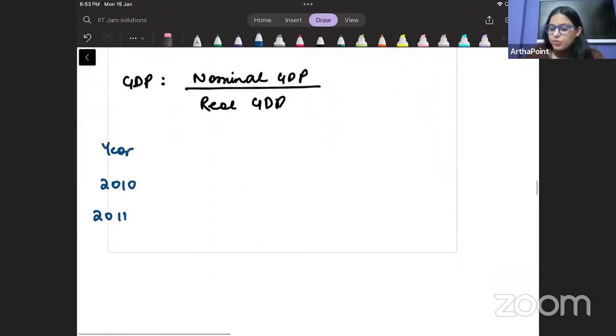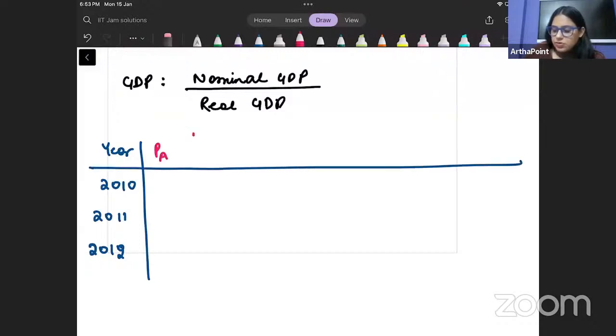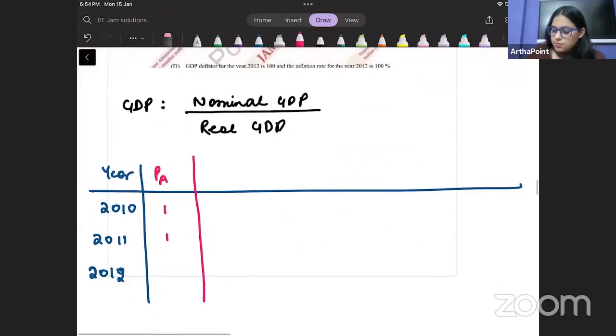Okay. So I'm going to take year as 2010, 11, and 12. And then I am given that the price of apple, it is given to me as 1, 1, 2. Price of apple is 112.